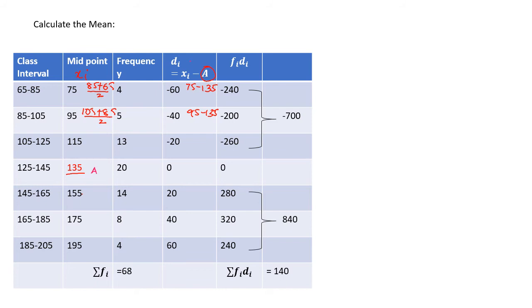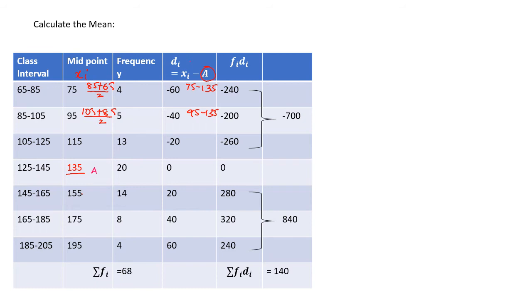That is 85 plus 65 divided by 2, we get 75. Similarly, for the next class, 105 plus 85 divided by 2, we get 190 divided by 2, that is 95. So on we find the class mark for each class.